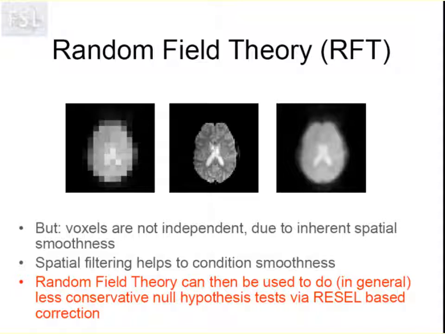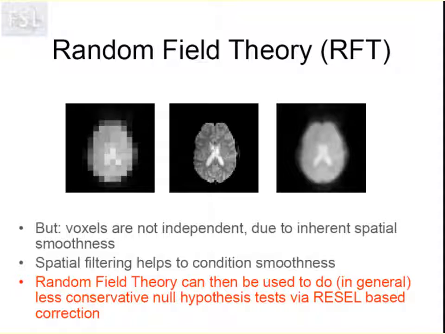So the image in the middle is just a slice from an EPI functional image, not smoothed, but you can see that although it's not smoothed, there is clearly structure in this data, isn't there? The ventricles are the most obvious bit of structure there, but you've also got other recognizable non-random variations in the spatial image intensity. On the right is the same image after some spatial smoothing has been applied, and you can see that increases the smoothness of the image and reduces the granularity.